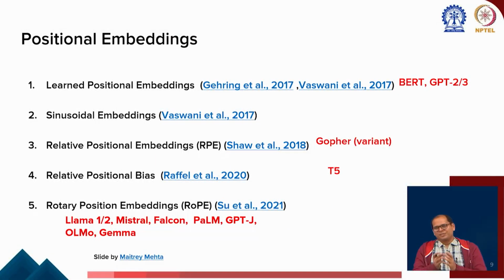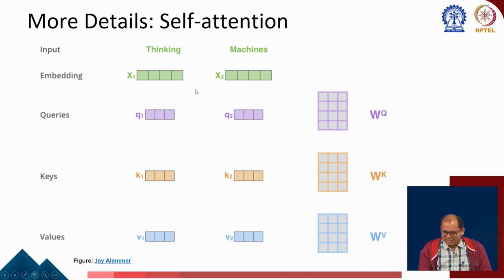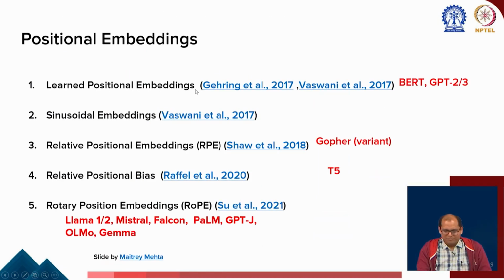So in practice, later on various different works have used multiple ways of doing position encodings. For example, we talked about learned position embeddings, which were used in various models. BERT, GPT and others used learned position encodings. Sinusoidal embeddings we talked about in the original transformer paper, but various later papers said, okay, what we need is the relative difference between tokens.